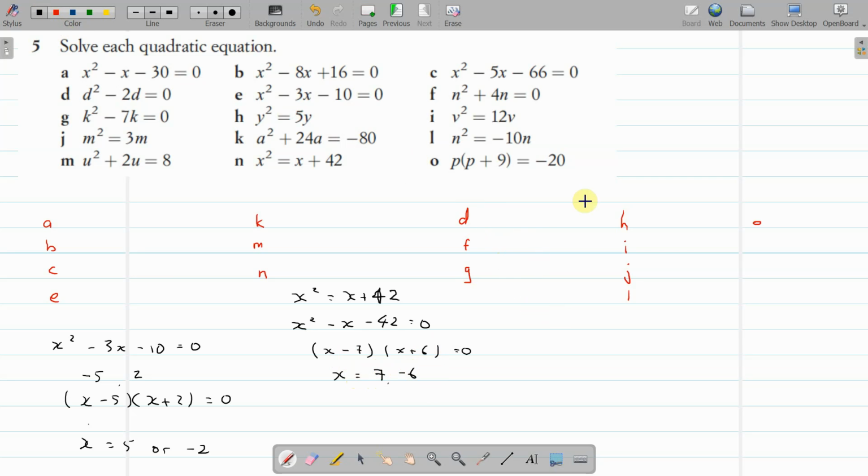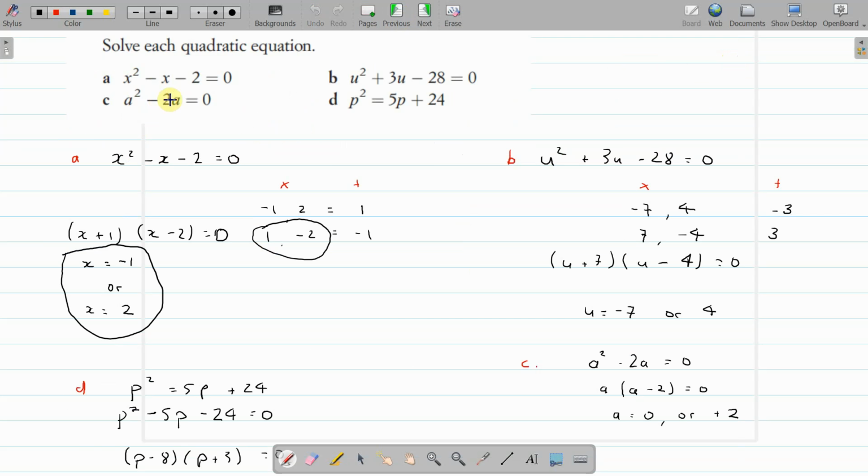G. I'm running out of space. I've put G up here. K squared minus 7k equals 0. That's like that one.